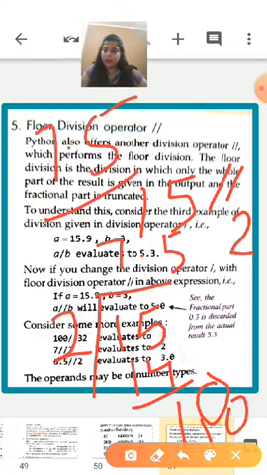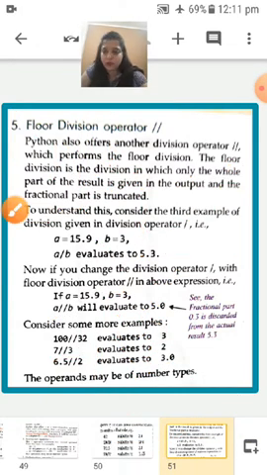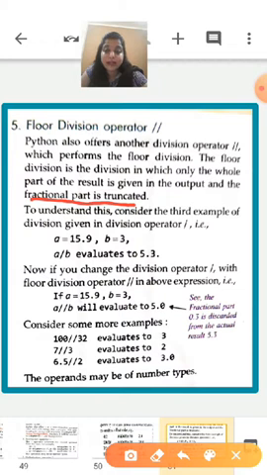So in floor division you will get this kind of answer 7.5, but 7.5 is not going to print in floor division, only 7 is going to print, because floor division does not work with the decimal point. Floor division always ignores the fractional part, it is truncated, means ignored by Python.